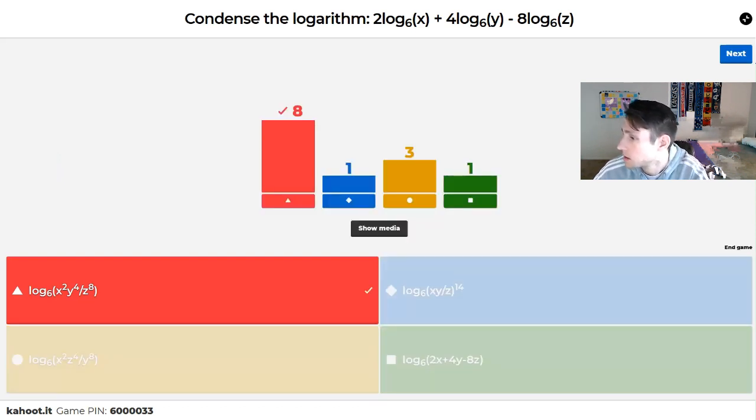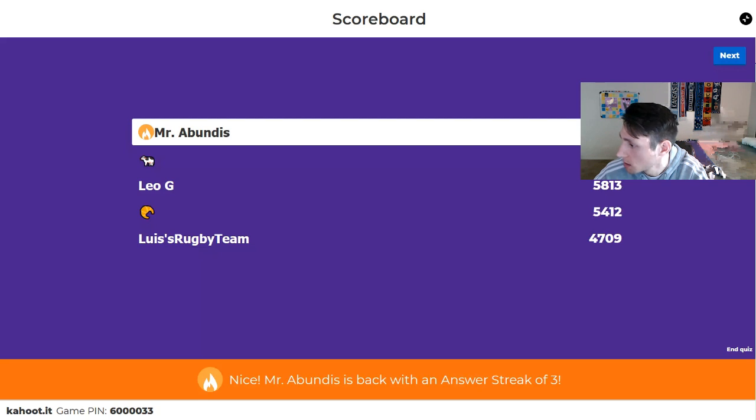Okay, well done. So those coefficients move to exponents. The addition gets combined as multiplication. The subtraction means when we combine it, it's being divided. Nice. That was maybe one of our best ones. Good answer streak, Mr. Abundus. Thanks.